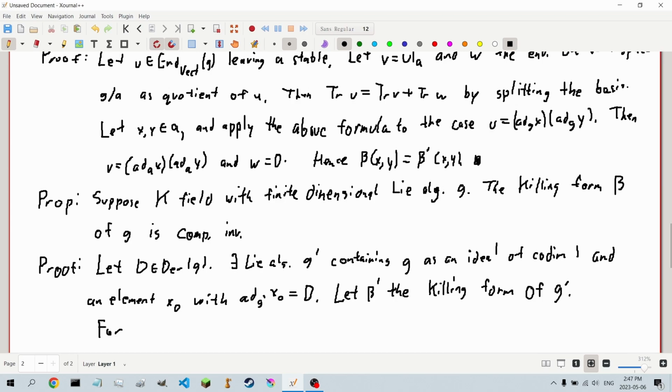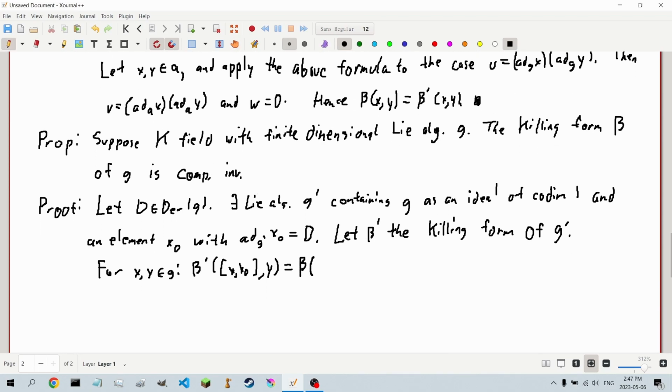Then for x and y in G, we have beta prime of x, x0 with y is equal to beta of the adjoint of x0 on x with y by definition.